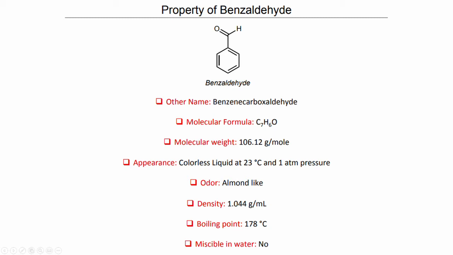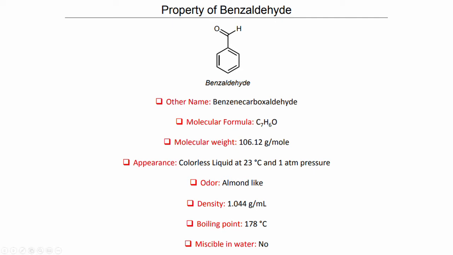The formula for it is C7H6O, and it has a molecular weight of about 106.12 grams per mole. Something important for this experiment is it's a colorless organic liquid at 23 degrees Celsius.